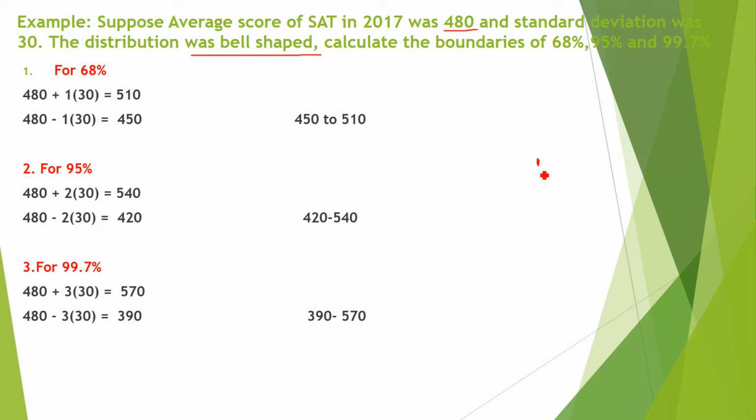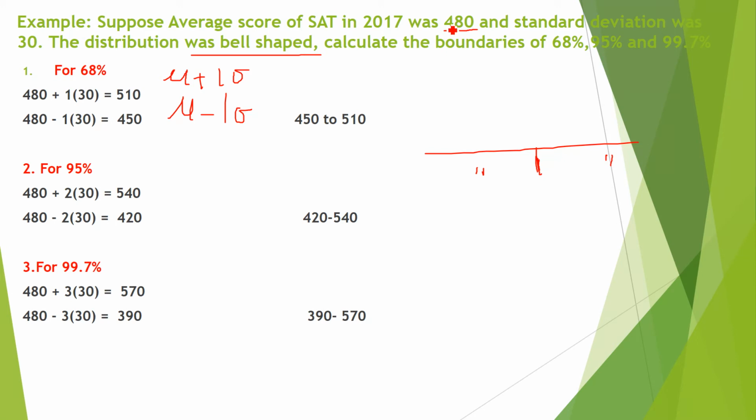Suppose this is the mean, right? This is the mu. So you have to find out how much data is distributed here, and here you have to set the boundaries. 68% means 34% here, 34% here. So what is the formula I told you? It is mu plus 1 sigma on the right hand side, mu minus 1 sigma on the left hand side.